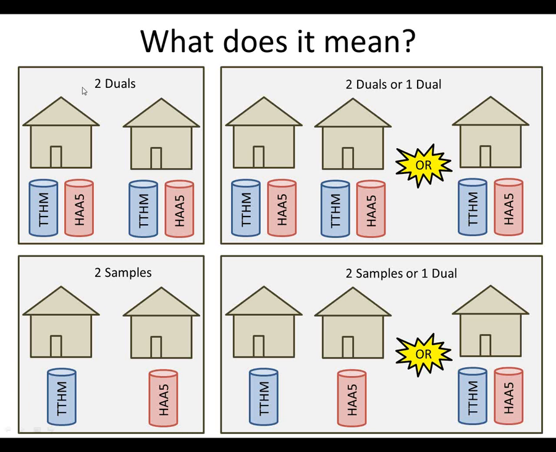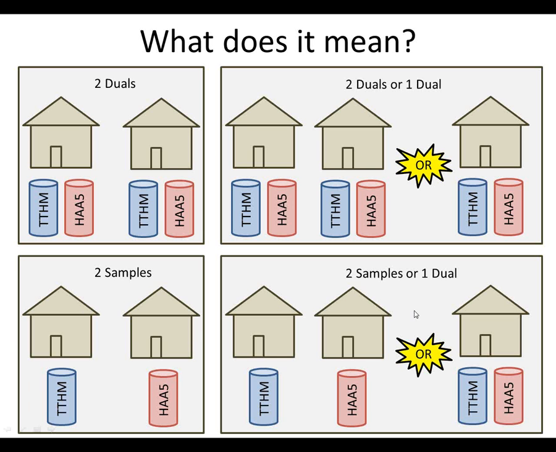If your system is taking 2 dual samples, it's very similar to what you're doing under stage 1, where at one house you're taking both TTHM and HA5 results, and at the other house you're also taking TTHMs and HA5s. If your system is taking 2 samples, a TTHM sample is taken at one location and the HA5 is taken at a different location.